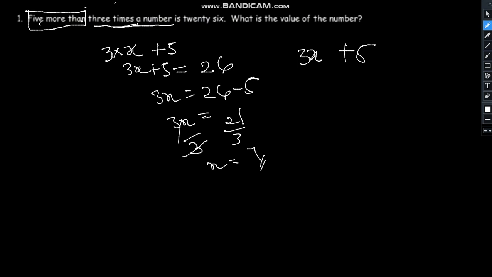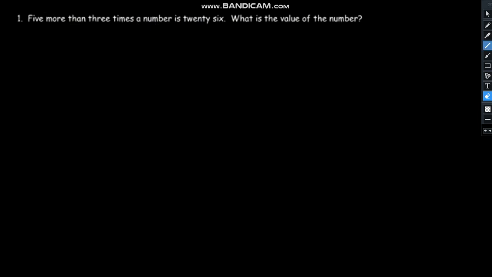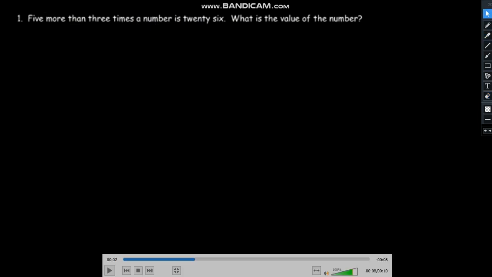It's 26, so all of this equals 26. Then you solve it as I solved it. So let's move on to another question.